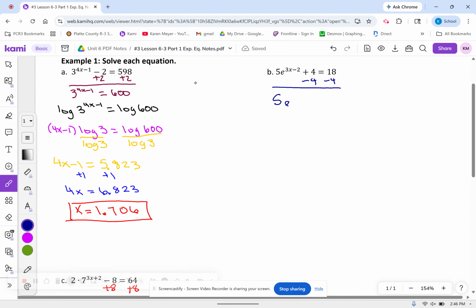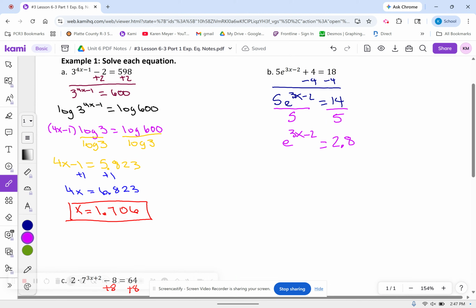So 5e raised to the 3x minus 2 equals 14. Then we want to get rid of the 5 in front of the e. To get rid of a coefficient in front, you should divide it away. So e raised to the 3x minus 2 equals 2.8.